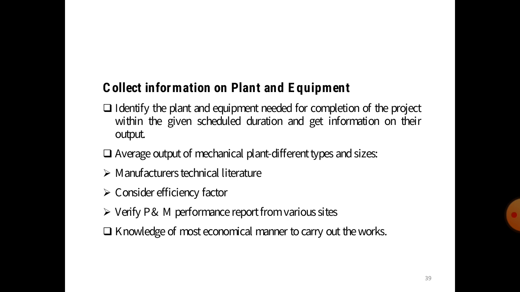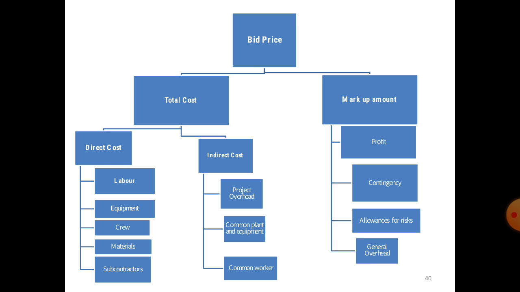First, identify the plant and equipment needed for completion of the project within the given schedule duration, to get information on their output and the average output of mechanical plant, from different sources like the manufacturer, technical literature, considering efficiency factors, verifying P&M performance reports of various sites, and knowledge of the most economical manner to carry out the work.